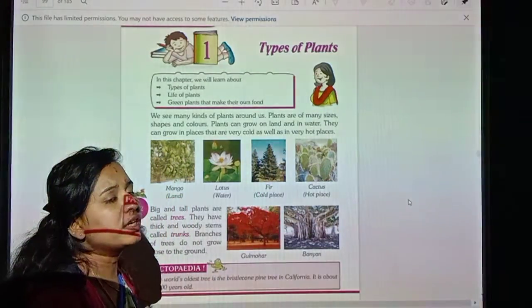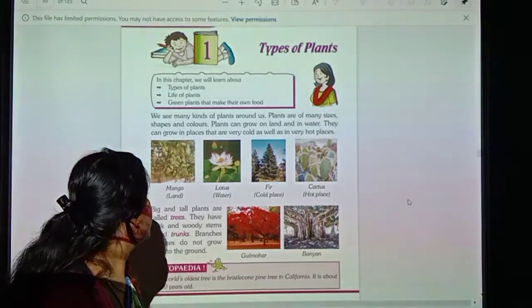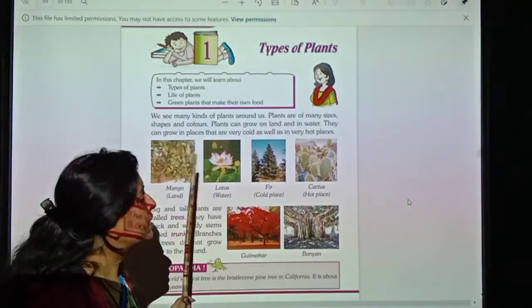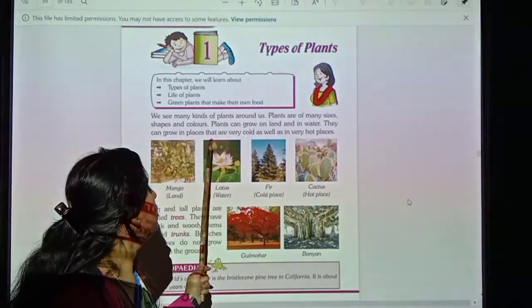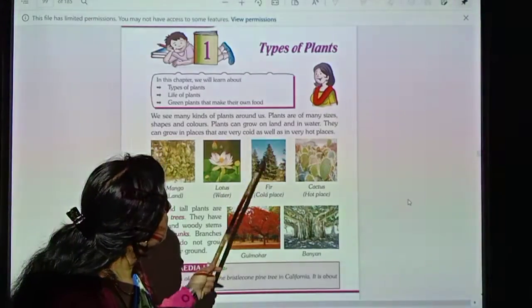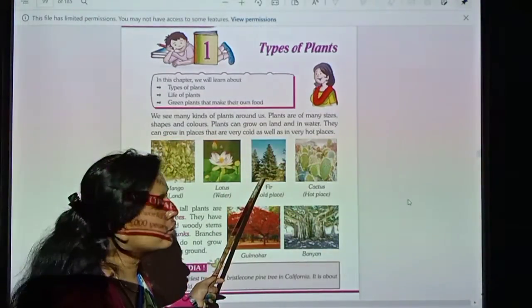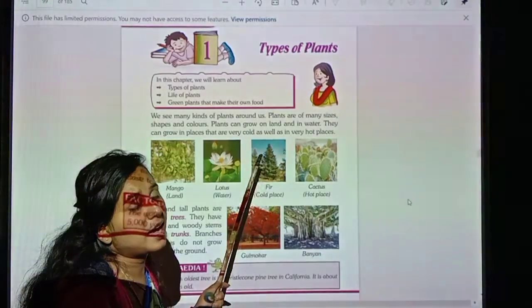Some plants grow in very cold places and some plants grow in hot places. For example, in hot places mango and cactus will grow. In water lotus will grow. This is the cold place. This tree will grow in the cold place, in frozen, icy places.